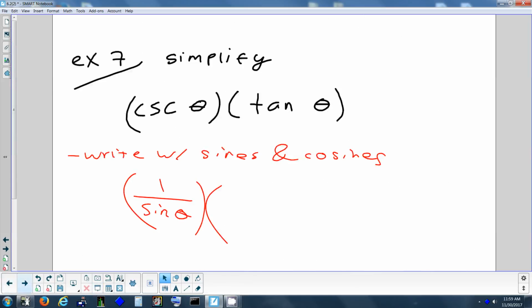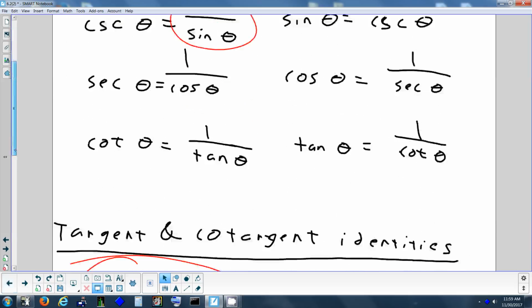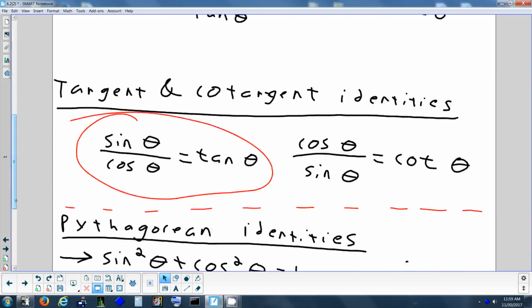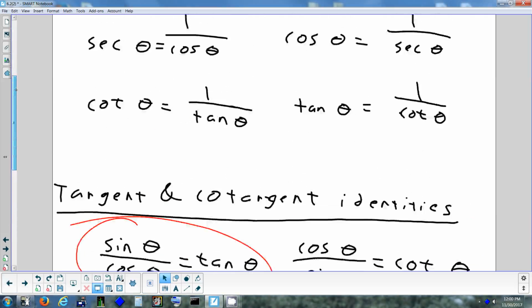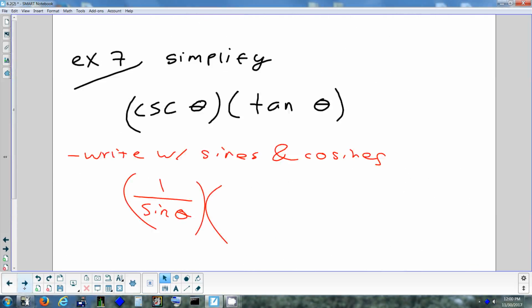What about tangent? Let's look for a way to write that with sine and cosine. How can you write tangent? One over cotangent is another way to do it, but we're going to try to do it with sines and cosines.